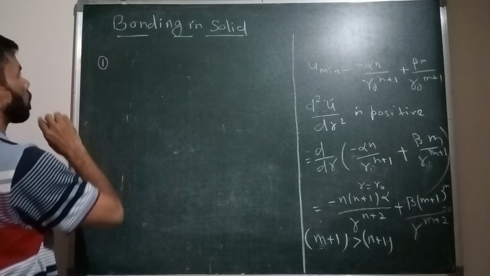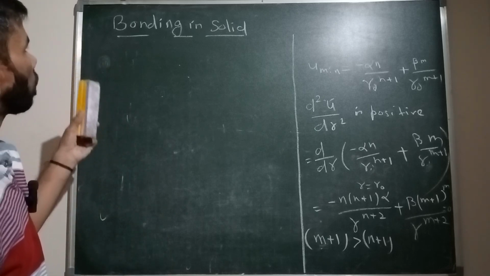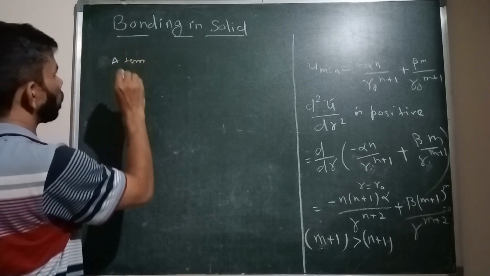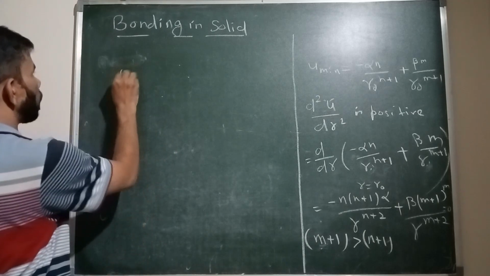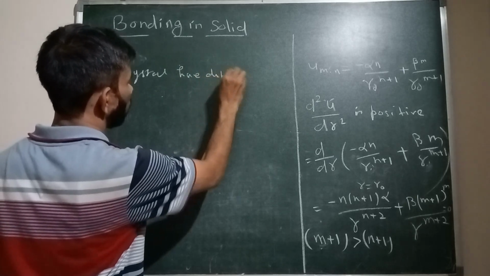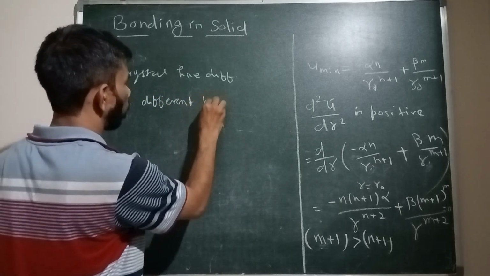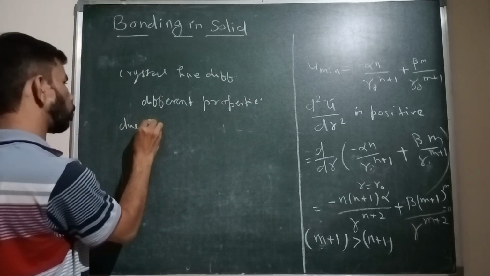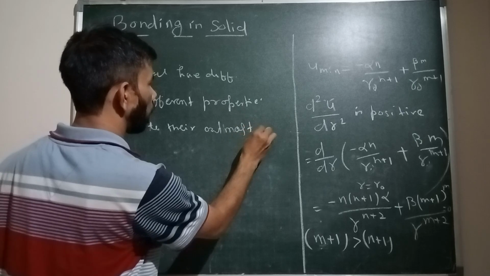Before defining types of bonding, we know that a crystal is made of a number of atoms, and every crystal has different properties due to its outermost electrons.